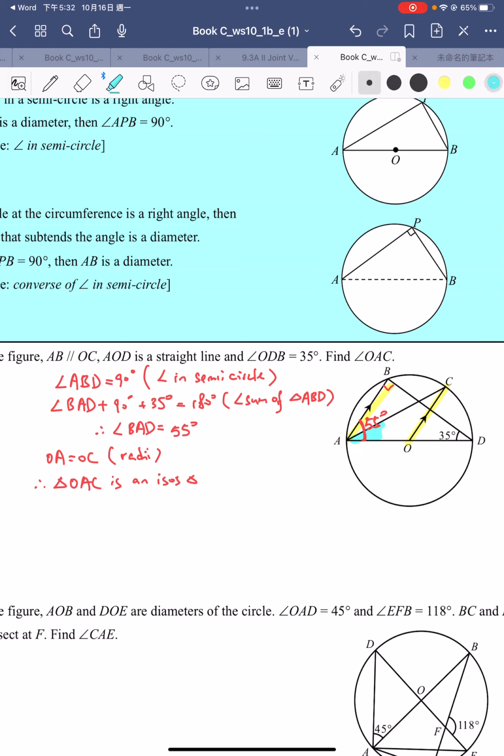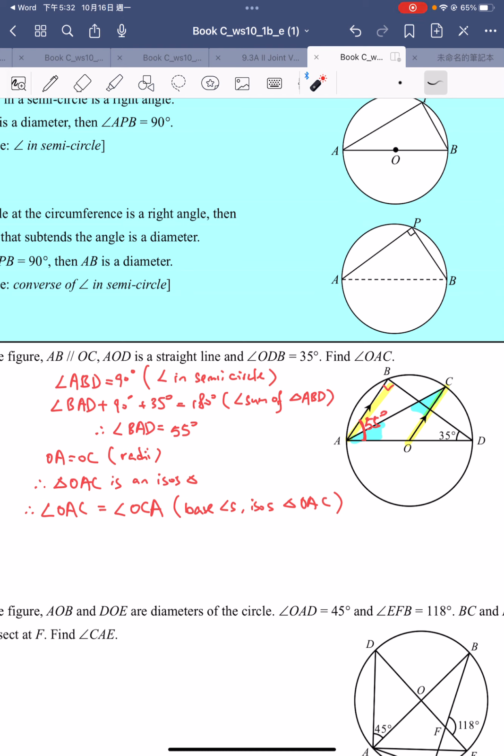So we can write down, the angle OAC is equal to the angle OCA, and the reason for that is the base angles of an isosceles triangle OCA. So now we can say these two angles are actually the same.